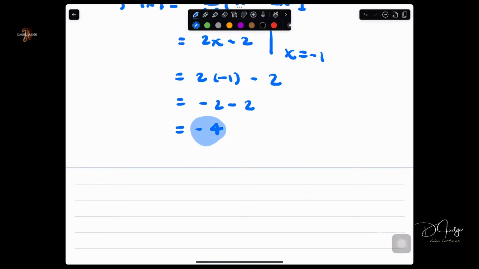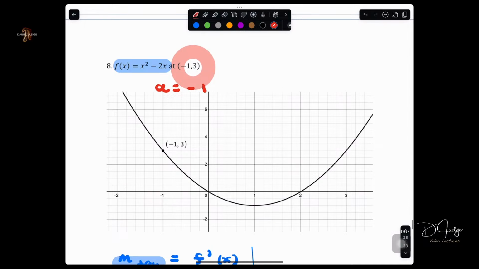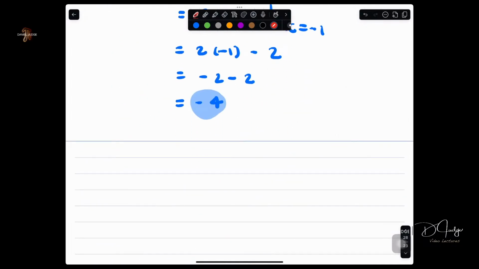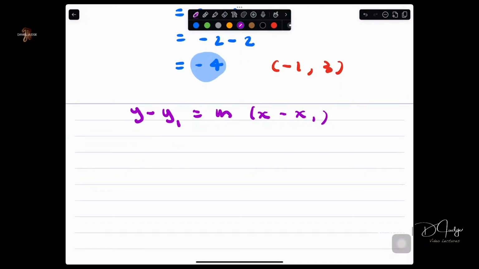Equation of the tangent at the location -1, 3. So here's the location. Y minus y1 is m times x minus x1. So this is the x and y coordinate of the one and only point. So it's what you see here.